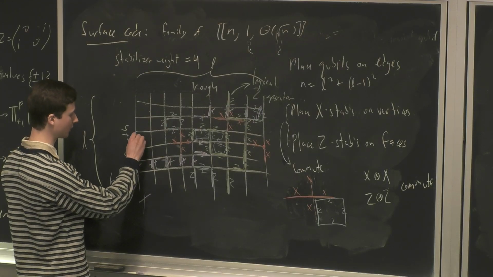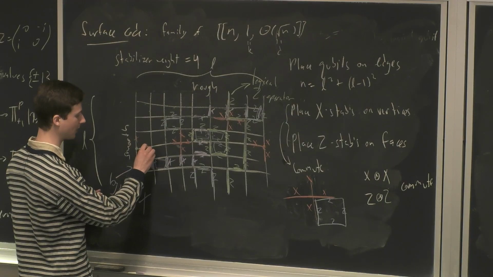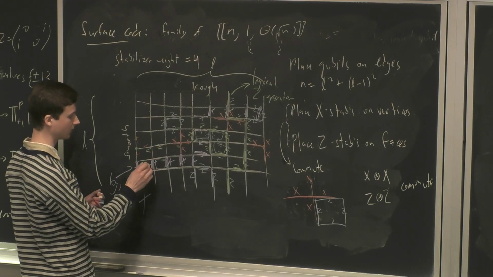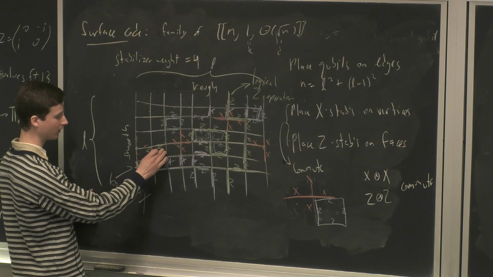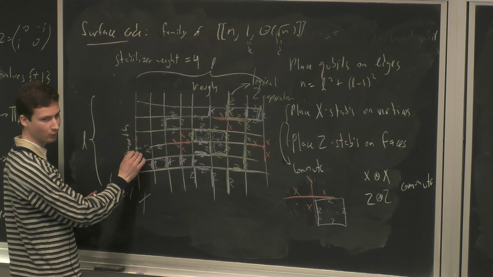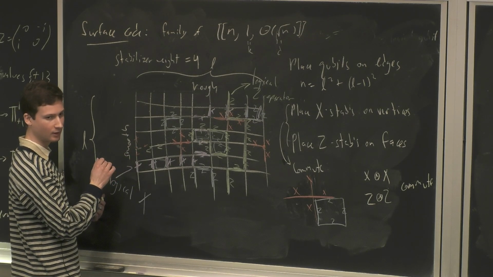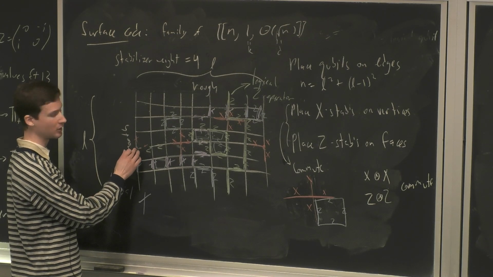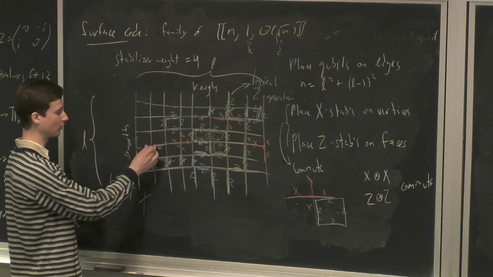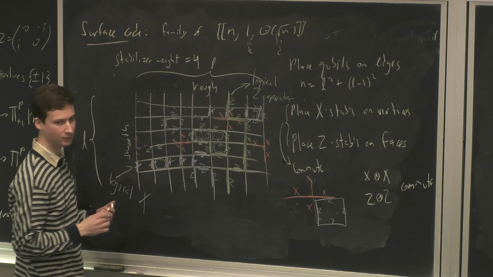And this X stabilizer will measure X, X, X. And if we have Pauli Z here, then we see that this logical operator intersects this X stabilizer at just this qubit. So it will anti-commute with this X stabilizer. So essentially, this X stabilizer will give measurement outcome -1 if we tried to apply a Z operator that goes in a path across in this direction.